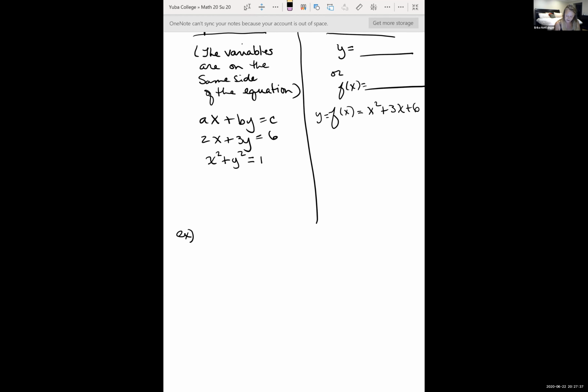So determine the following: if the equation defines y as a function of x.